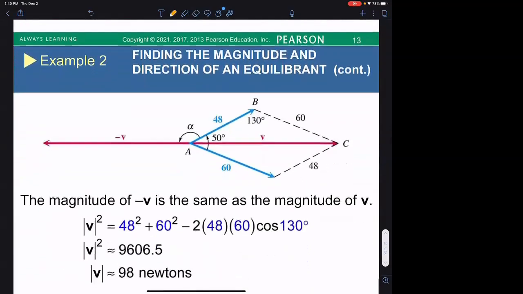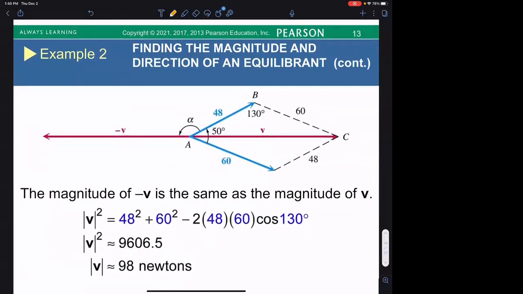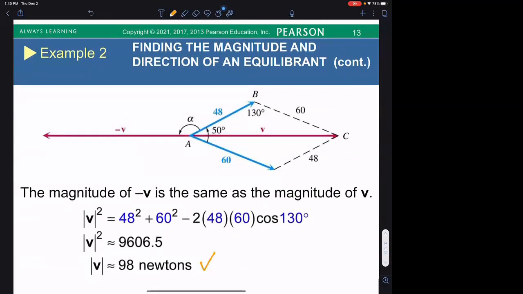So we would, as before, use the law of cosines to find the magnitude of v, and this turned out to be 98 newtons in this case, when there's 50 degrees separating the 48 and the 60 Newton vectors. Then the resultant of adding those together is 98 newtons.